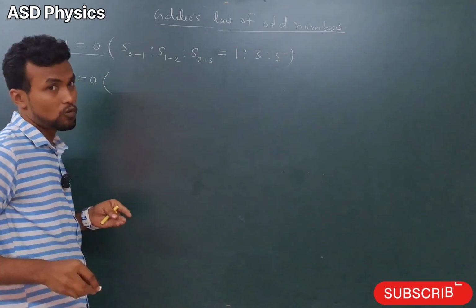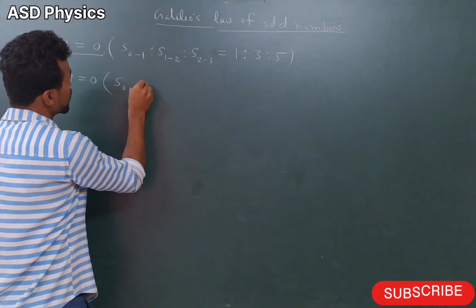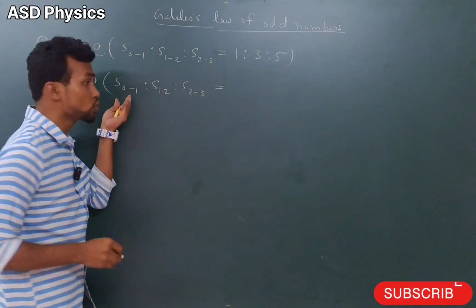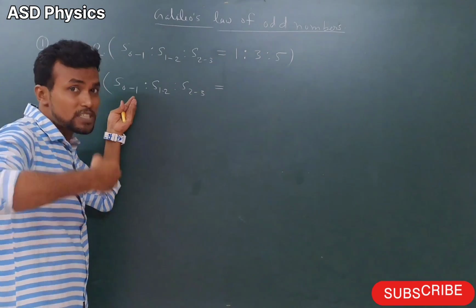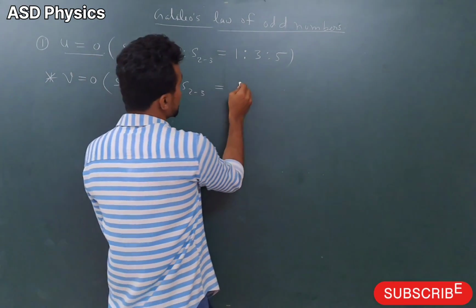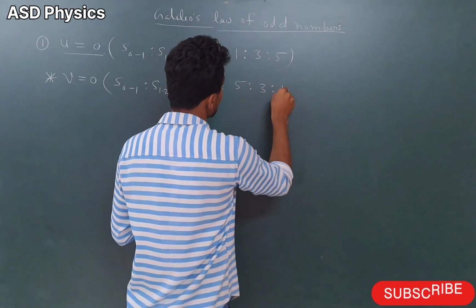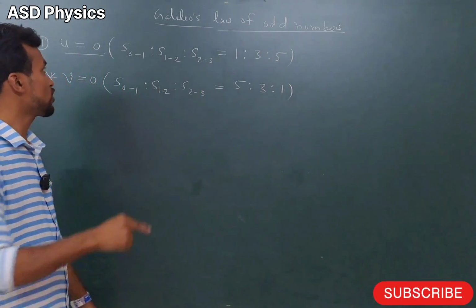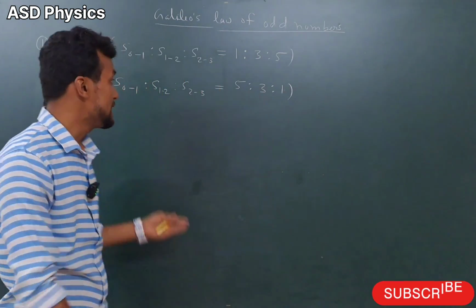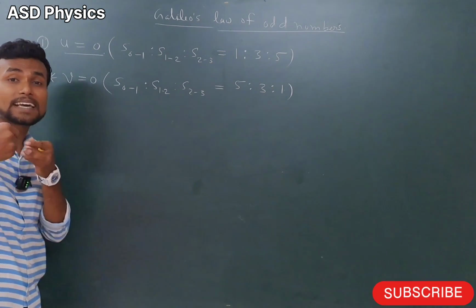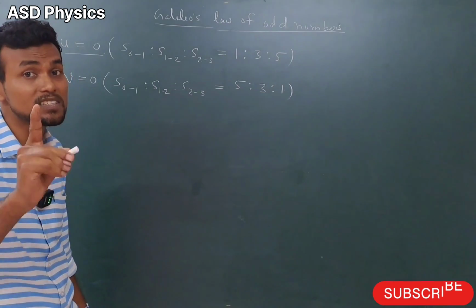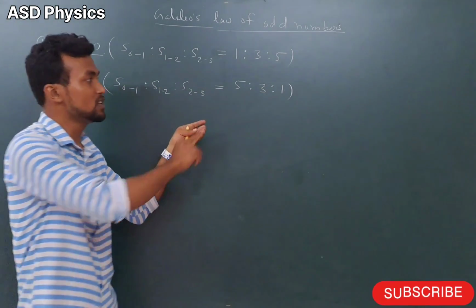In this situation, if I write 0 to 1, 1 to 2, and 2 to 3, meaning time 0 second to 1 second, 1 second to 2 second, and 2 second to 3 second, then this ratio will just get reversed: 5 is to 3 is to 1. In the first situation, the object starts from rest and its speed is increasing. In the second situation, the object has some initial velocity and with uniform retardation its speed is decreasing, so it becomes reversed.